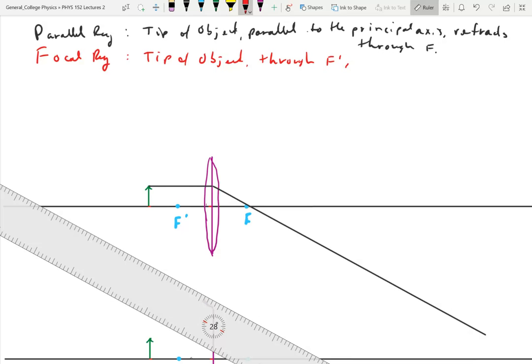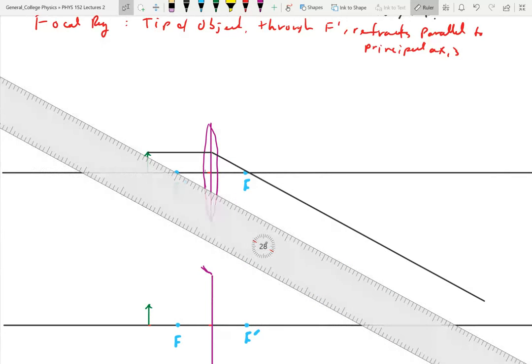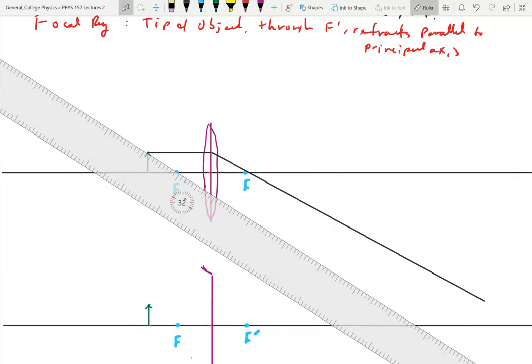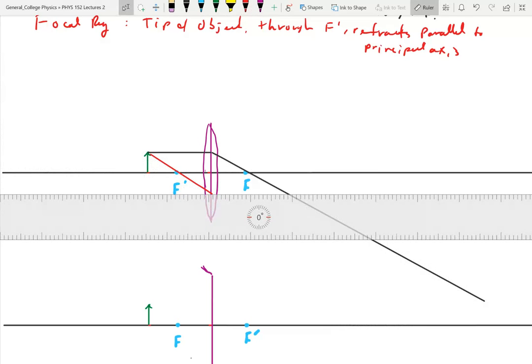And then it refracts parallel to the principal axis. This is exactly the reverse of the ray we just did. The ray we just did went in parallel and came out through the focal point. This one is going to go out through the focal point, and then it's going to refract parallel.